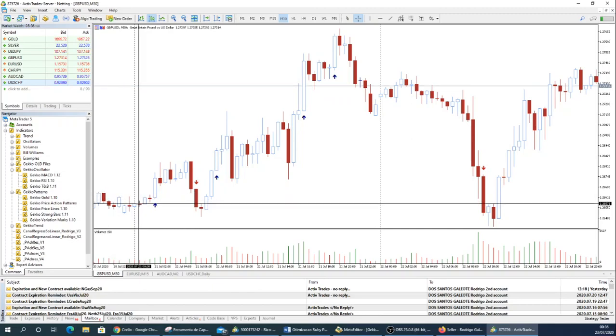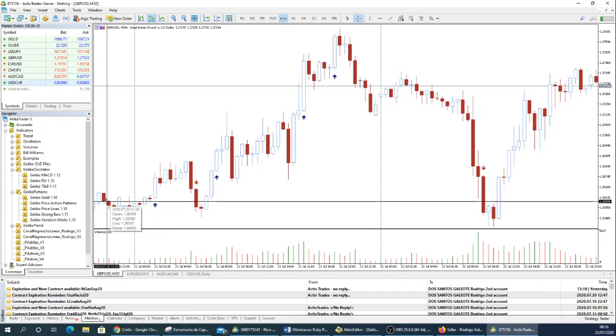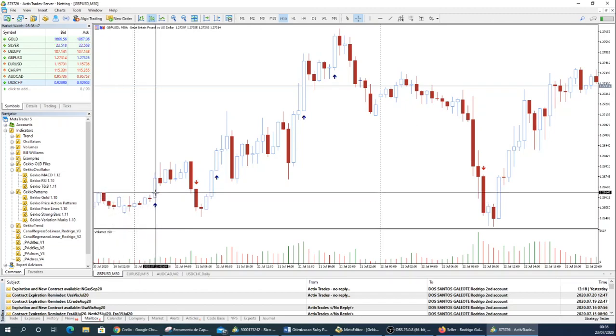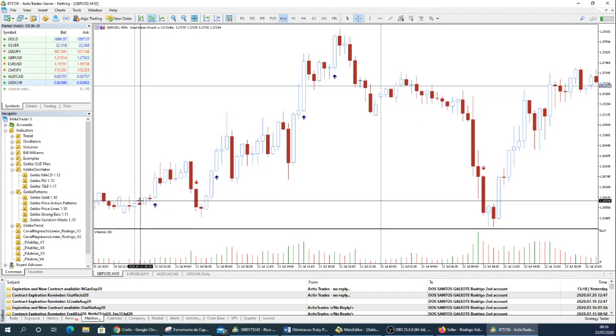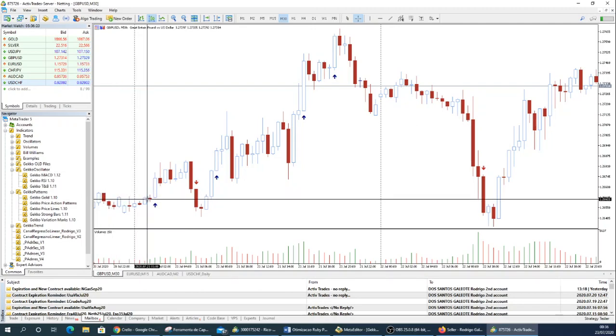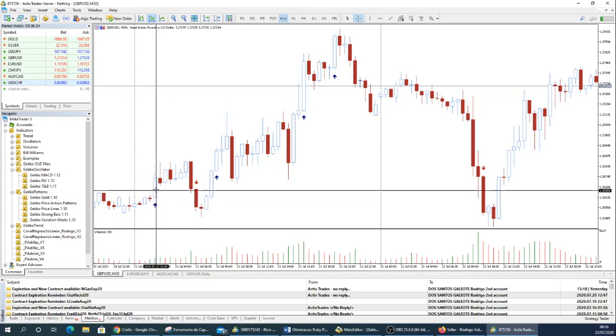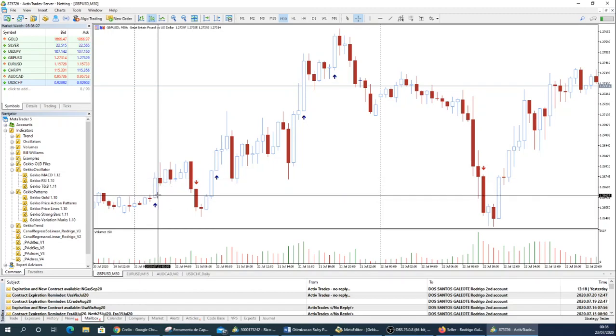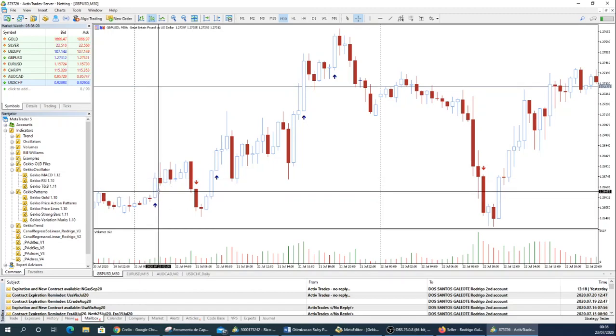Can you see that? If we look at the 1, 2, 3, 4, 5, 6, 7, 8, 9, 10, the previous 10 bars, look at the size of them. You calculate the average, and when you see this bar here, you'll notice that this is a strong bar.